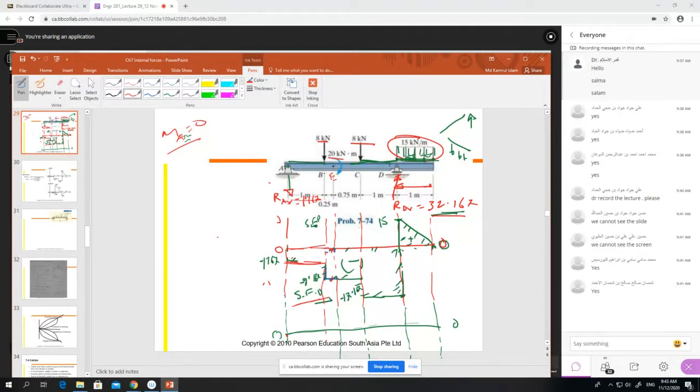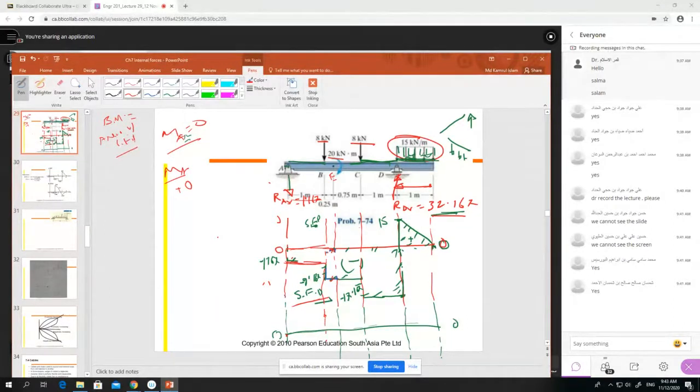Now at point B, how much is our bending moment? So here is 0, plus or minus doesn't matter. As I told you, the bending moment equals the area of the shear force diagram.